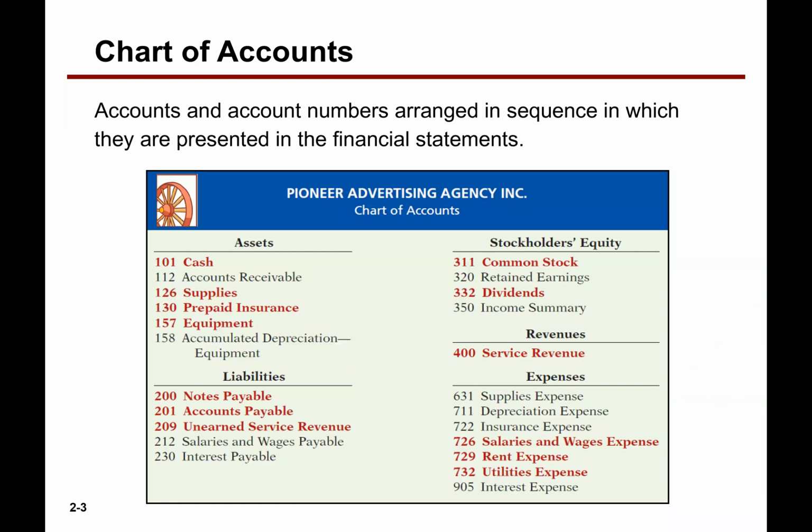Wherever I borrowed this from, it so happened to have some red, but that's okay. Assets have what? Future economic benefit, right? So cash is an asset, your favorite. Accounts receivable is your second favorite asset because it's going to be cash pretty soon. Supplies, equipment, all have future economic benefit.